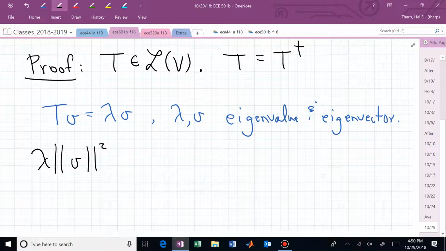And how can we get a lambda star appearing? And we've been playing with inner products. Oh, if I ended up with something in the second slot, a scalar in the second slot, that's going to slide outside the inner product as a conjugate. So I'm kind of hoping to be playing with inner products so that I can get a lambda and a lambda star.